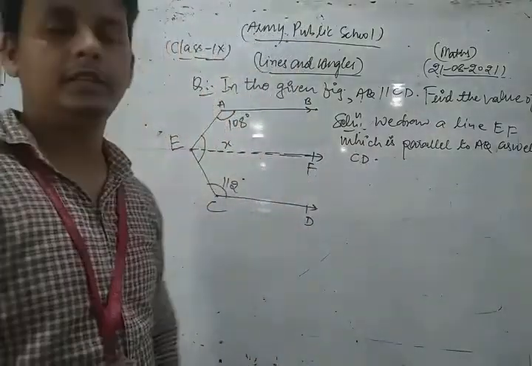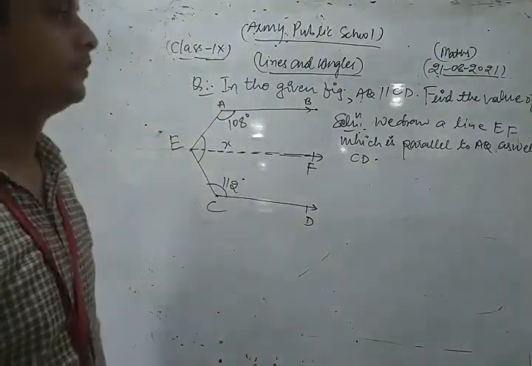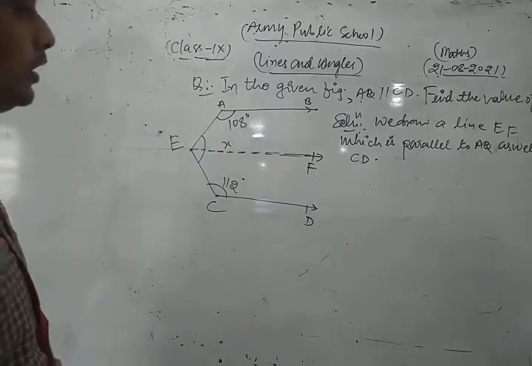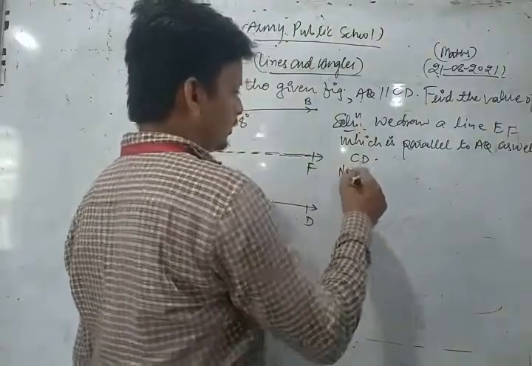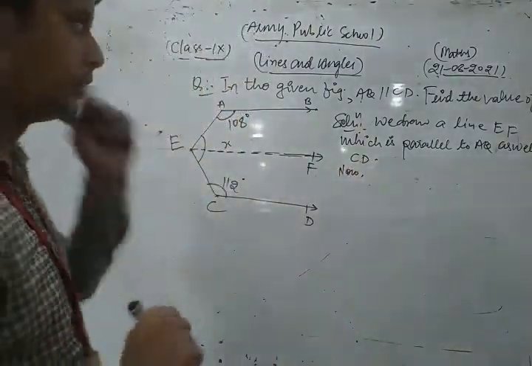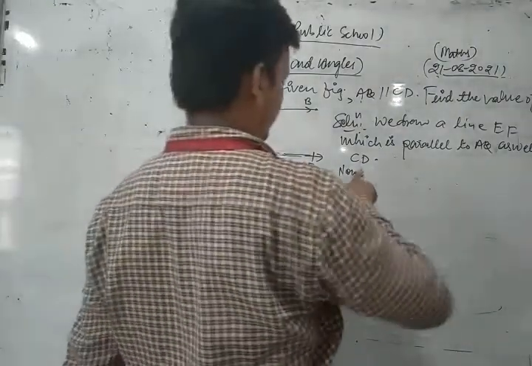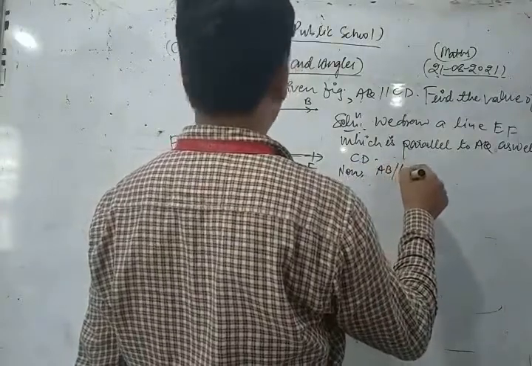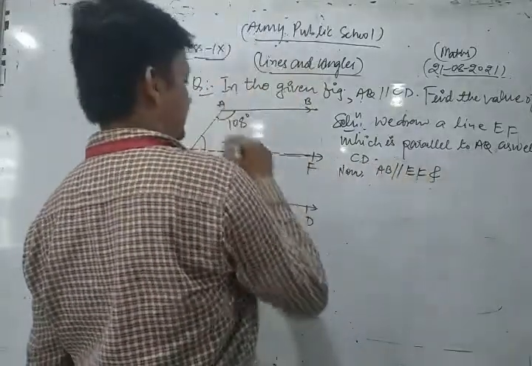This is parallel to AB as well as CD. Now we take AB parallel to EF and EA as a transversal.